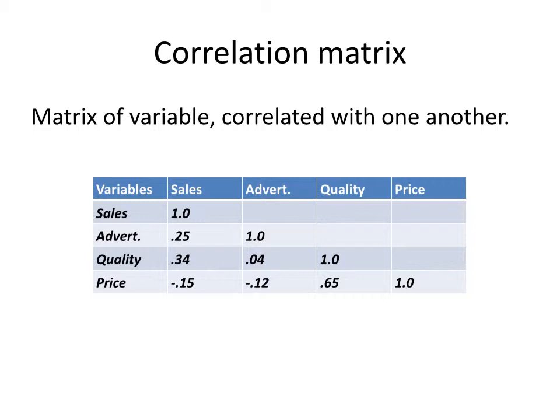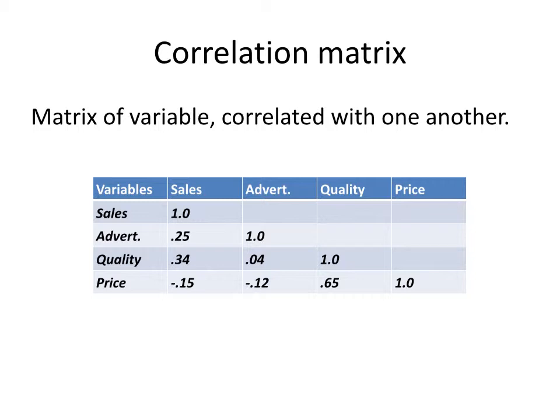So here we see an example correlation matrix. These represent data from a number of firms looking at their total sales, looking at their advertising, how much money they spent on advertising, looking at product quality.